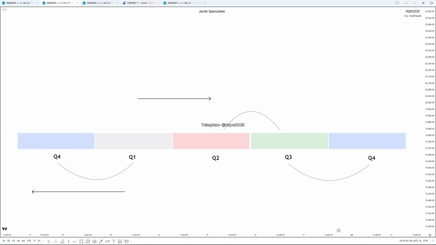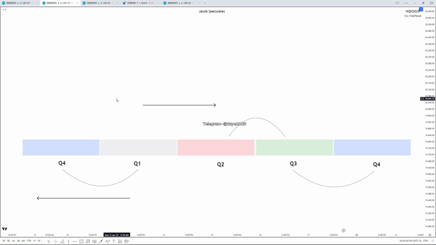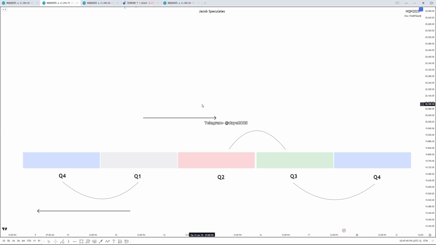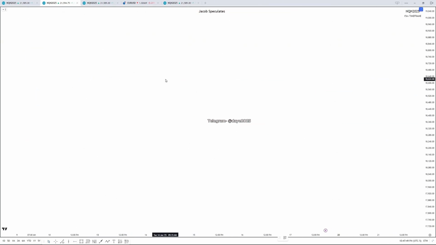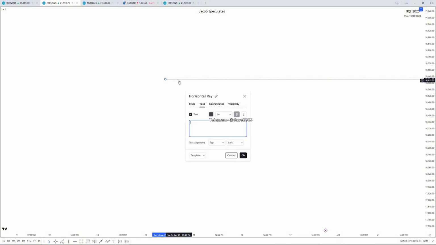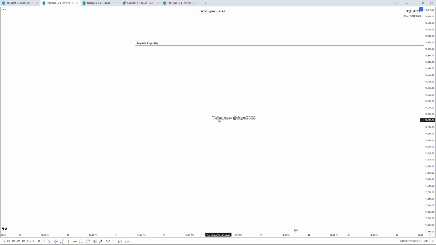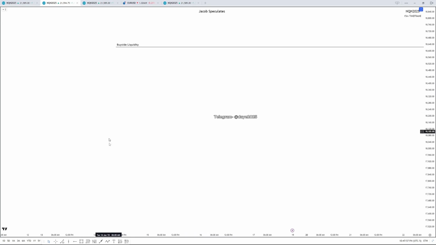And that is a good one. But yes, what you were talking about is, say, we'll bring this example up once again. Let's say we think the market's likely to draw higher to buy side liquidity, and then we already form a manipulation in London session, and then New York session opens up.